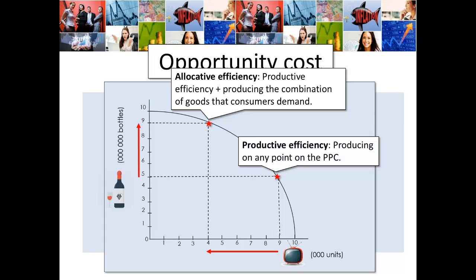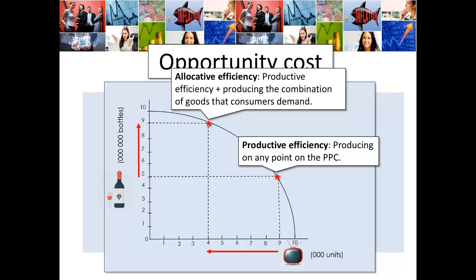And two important concepts, and we'll just touch on them briefly here and go into them in more depth later in the microeconomics course. But allocative efficiency, we have production efficiency, so goods are being produced at maximum efficiency, and they're also being produced at a combination that consumers actually demand.